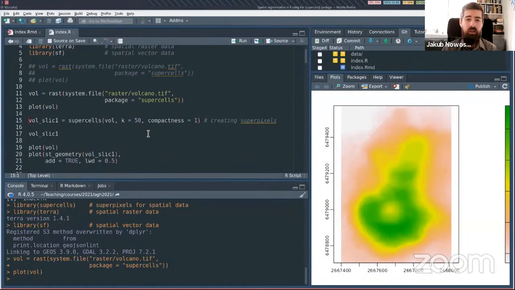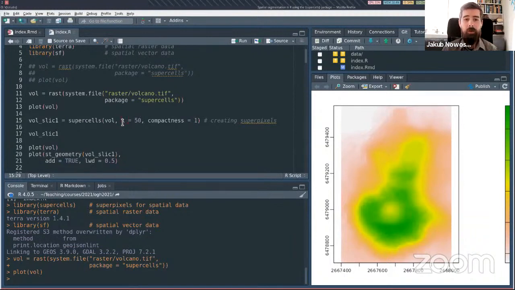So to create superpixels, I need to use the supercells function, provide my input raster data, and this input raster data can have one variable or one layer, but it could have several layers. It doesn't matter. And next, those two parameters. So k is the S parameter from the presentation.